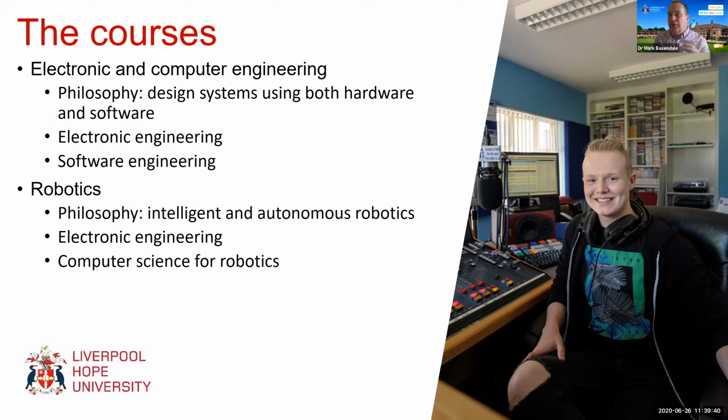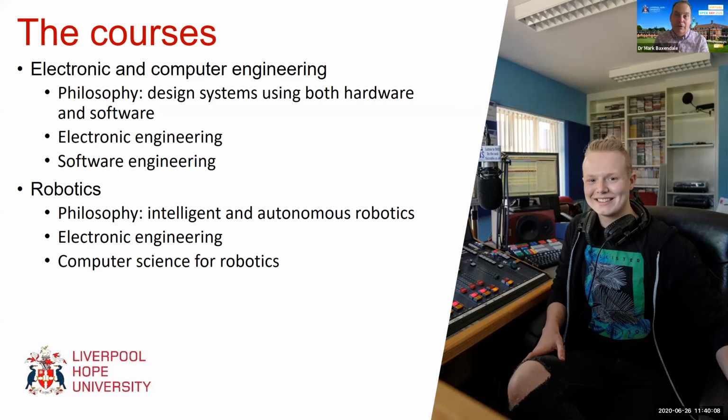A lot of courses tend to be either computer science or software engineering, where you're focusing on software development, or electronic engineering, where you're focusing on hardware development. Here we're looking at both in combination, and that's really important because software developers increasingly need to know a lot more about the hardware that their software is going to run on, and vice versa.